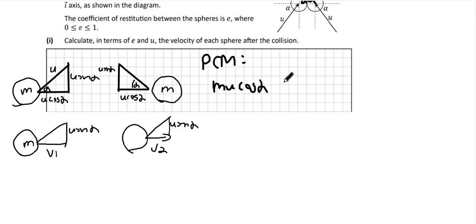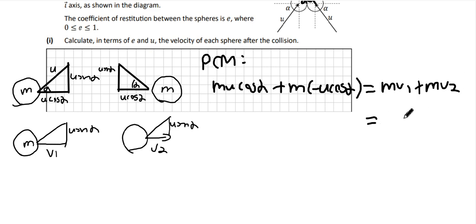Sorry, initially it's plus, minus, because going to the left, equals m(v1 plus v2). If we divide both sides by m, the m's cancel each other out, don't they? So what am I going to get? v1 plus v2 equals 0.